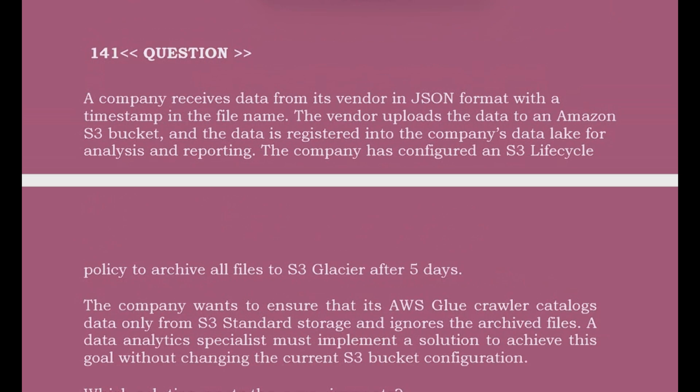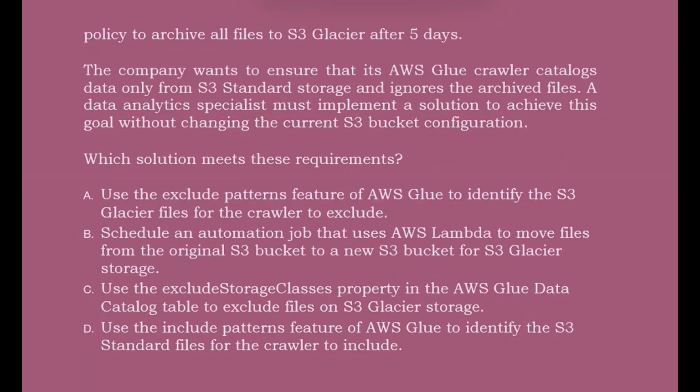Question is, a company receives data from its vendor in JSON format with a timestamp in the file name. The vendor uploads the data to an Amazon S3 bucket and the data is registered into the company's data lake for analysis and reporting. The company has configured an S3 lifecycle policy to archive all files to S3 Glacier after 5 days.